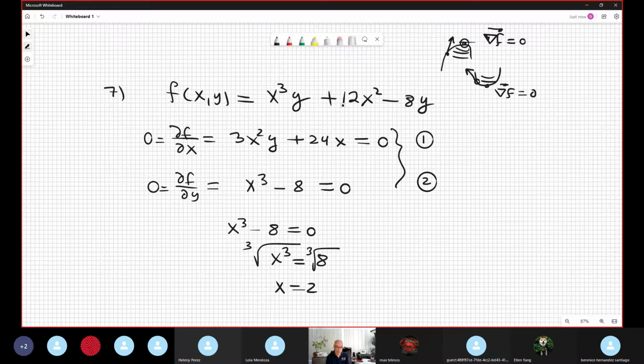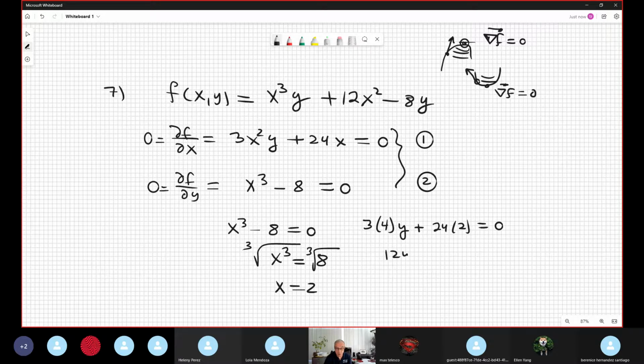Now, in order to find the y associated with this 2, you plug into the original equation, or plug into the second equation, no? Actually, we finished solving the system. So 3 times 2 squared is 12, y plus 24 times 2 equal to 0.